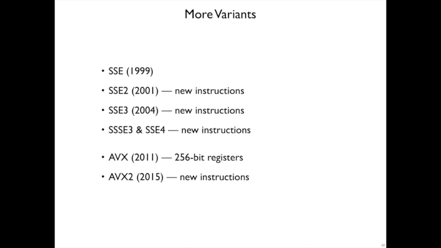And just to wrap up the history a little bit, it continues on after SSE2. There was SSE3 and some other variants that added new instructions. And then as computers have gotten bigger and the number of transistors is growing, more parallelism could be supported. The registers could be extended from 128 bits to 256 bits.